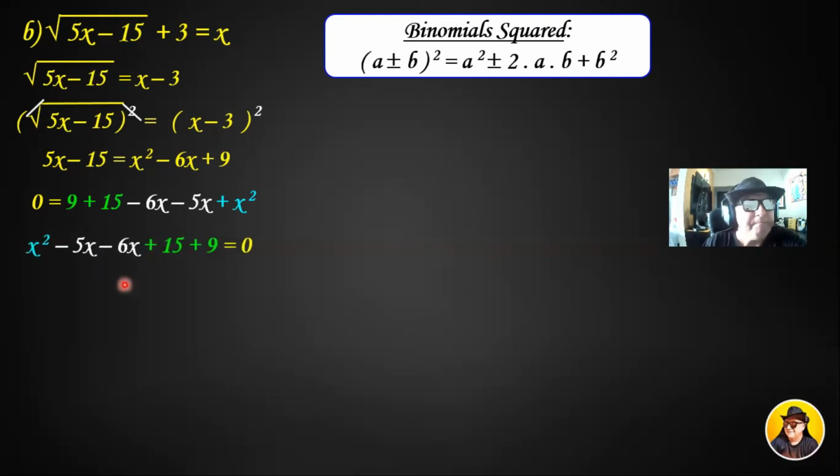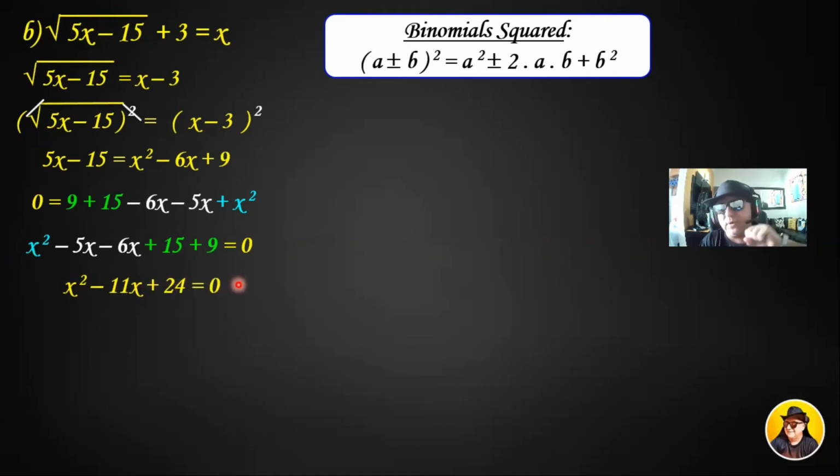Now let's operate the similar terms, like here, negative 5x minus 6x, and here plus 15 plus 9. I can operate them. Now I have x squared minus 11x plus 24 is 0.